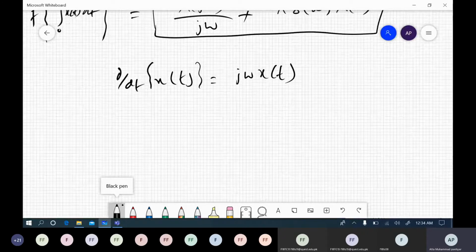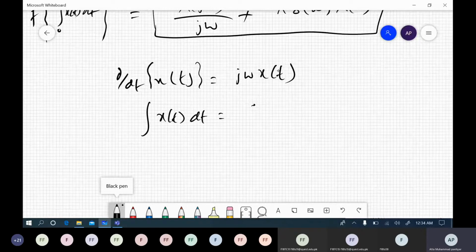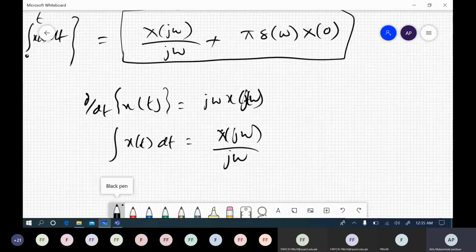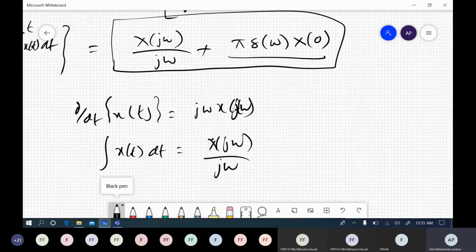Sometimes we assume that integral and derivative are counterparts of each other. In derivative this is multiplied, so in integral that must be divided, giving X of j omega over j omega, but this is not the case, right?